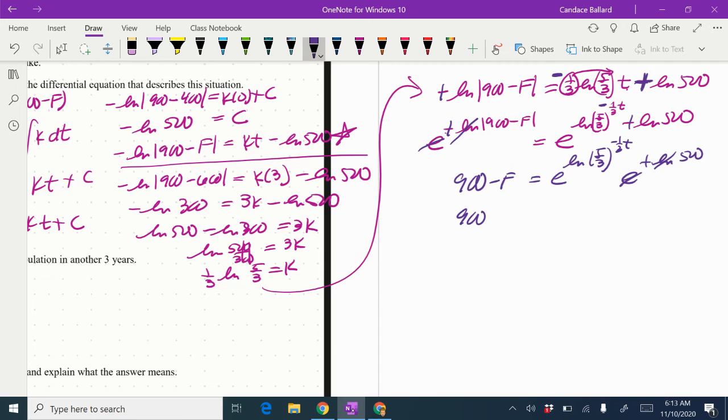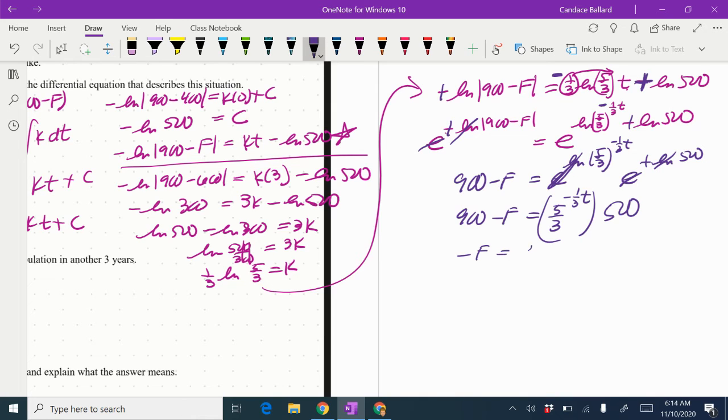And so we get 900 minus f. These cancel, equals 5/3 to the negative 1/3 t times 500. And then I'm going to subtract the 900 over.